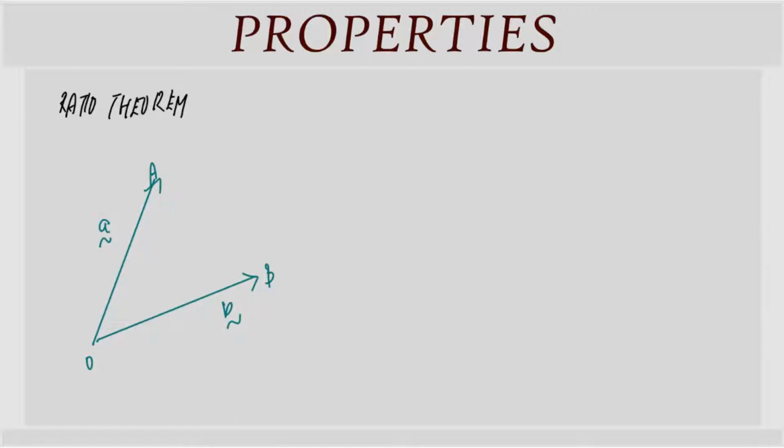And we also have a point M, which divides AB in the ratio of lambda to mu. So this point M, we have AM is equal to lambda over lambda plus mu times AB. So AM is just this small segment of the whole AB. And this ratio theorem is about finding the position vector of M.